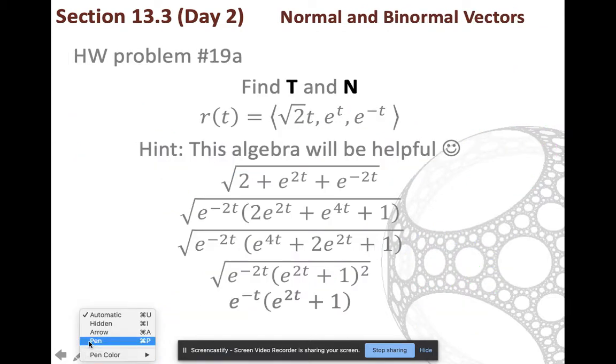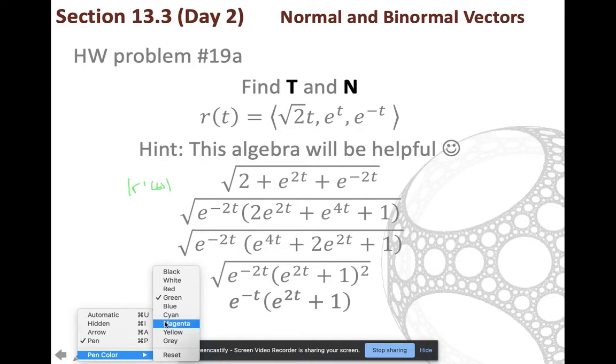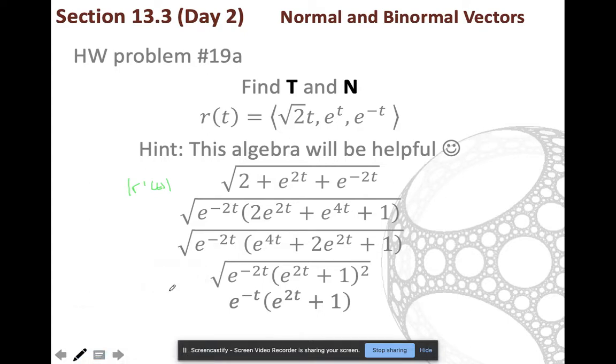In the process of doing number 19A, when you're asked to find the tangent and normal, you are going to need to evaluate the magnitude of r prime of t, and you're going to get to an expression like this, and it is not going to occur to you to factor out an e to the negative 2t.